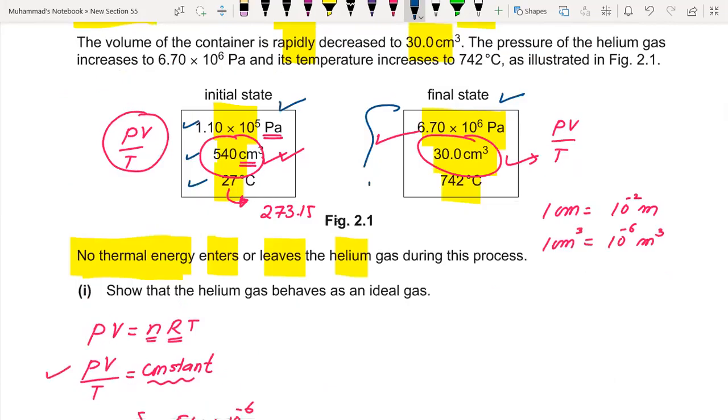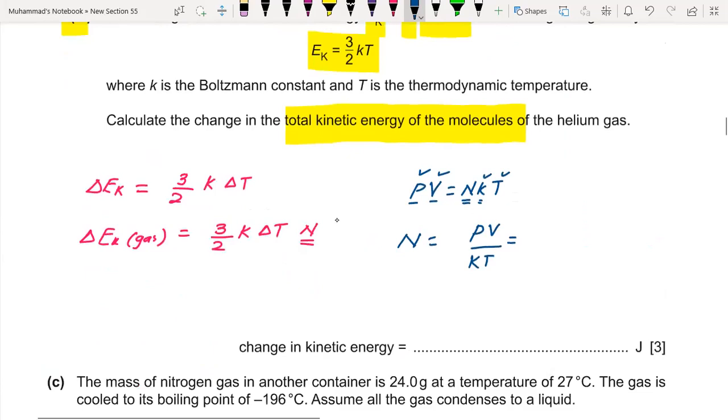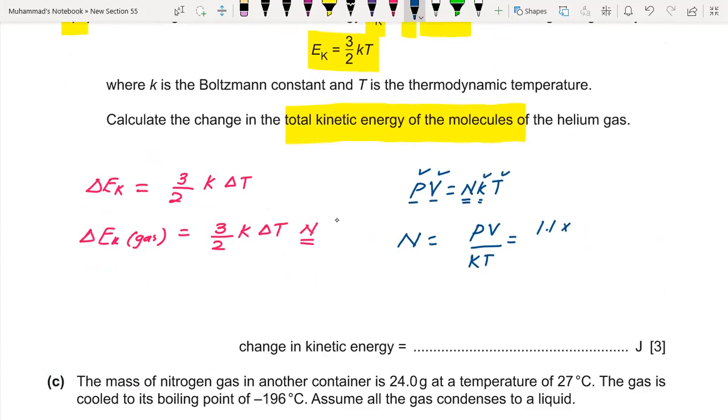P is 1.1 times 10 to the power 5. So put these values: 1.1 times 10^5 times volume, that is 540 cm³ to m³, 10^-6, over this constant 1.38 times 10^-23.